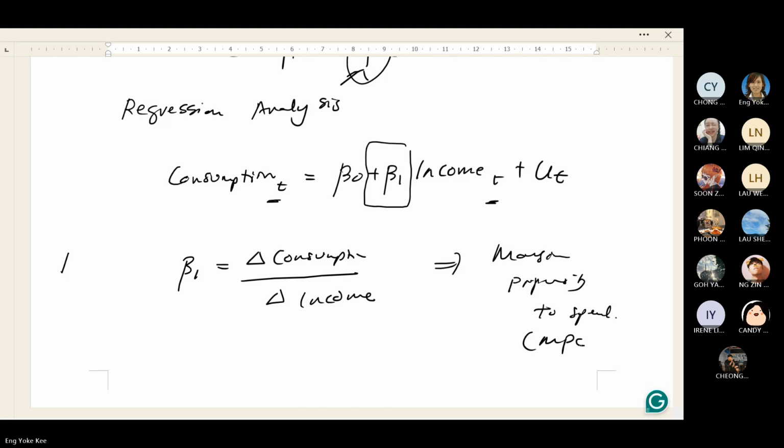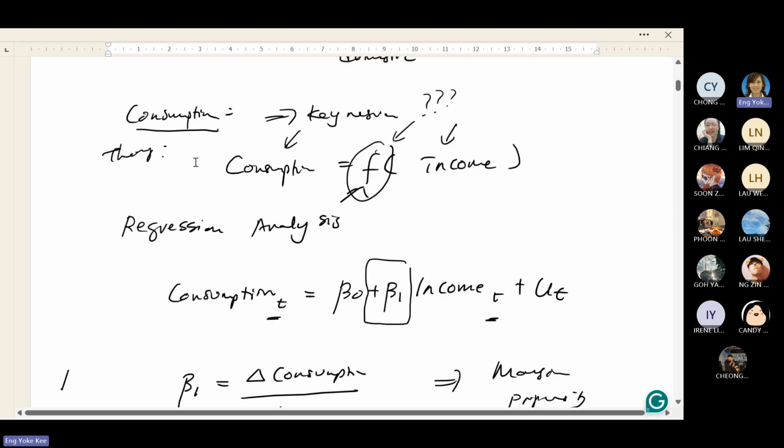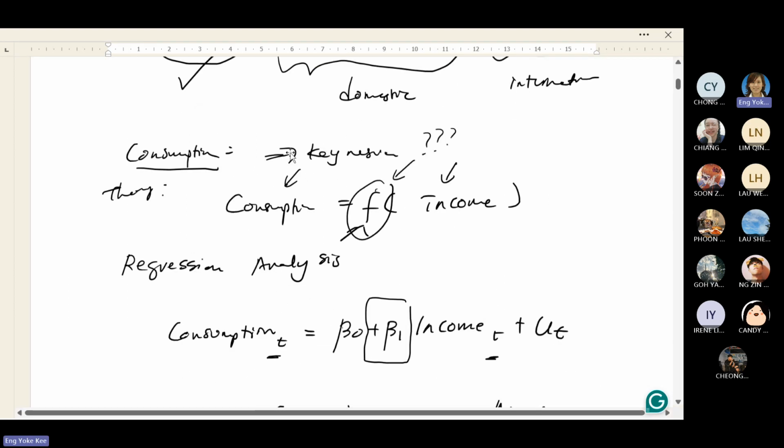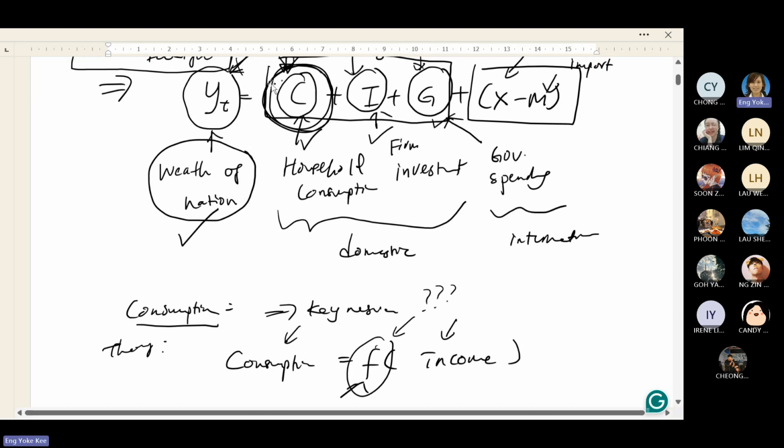So the policymaker likes to look at this MPC, whether this MPC is big or small, because remember the government wants you to spend. And to forecast the income, let's say I want to forecast the income for the next period, I can look at how you spend, then I can see how much the consumption is.